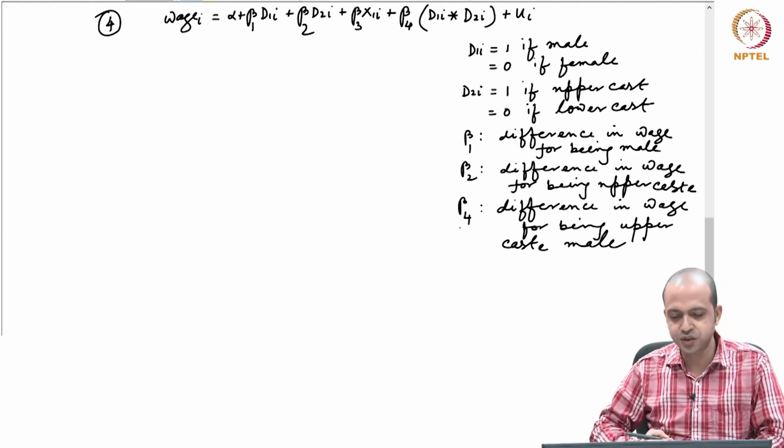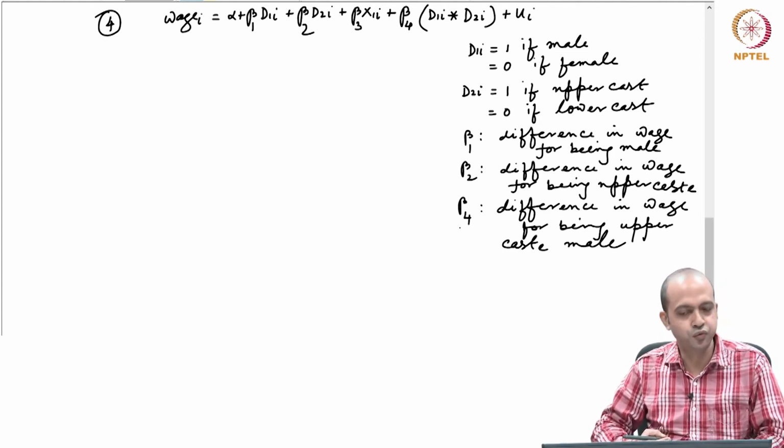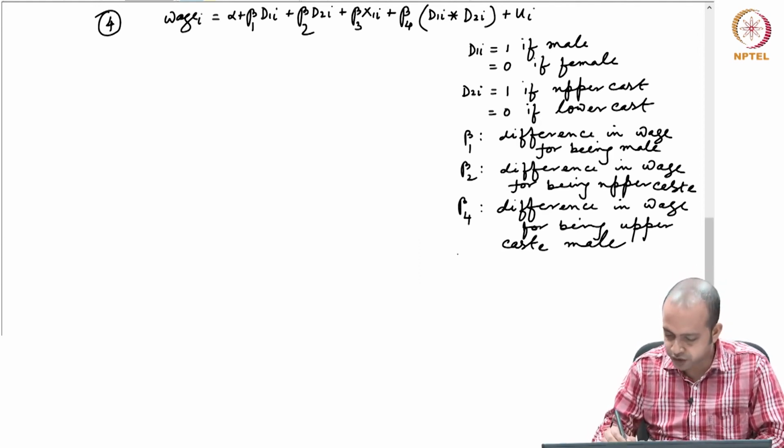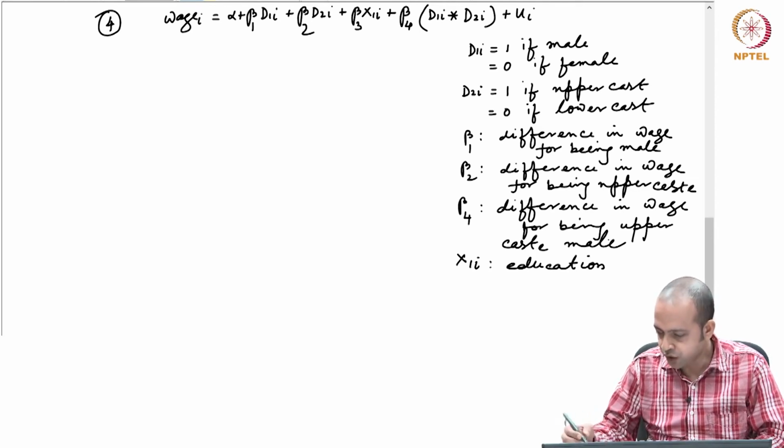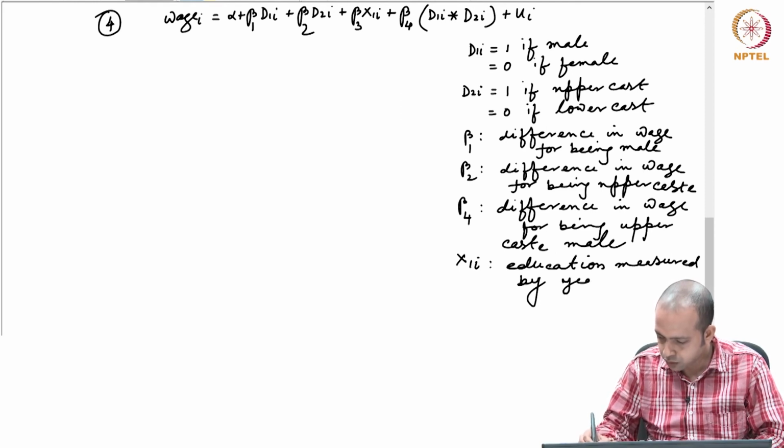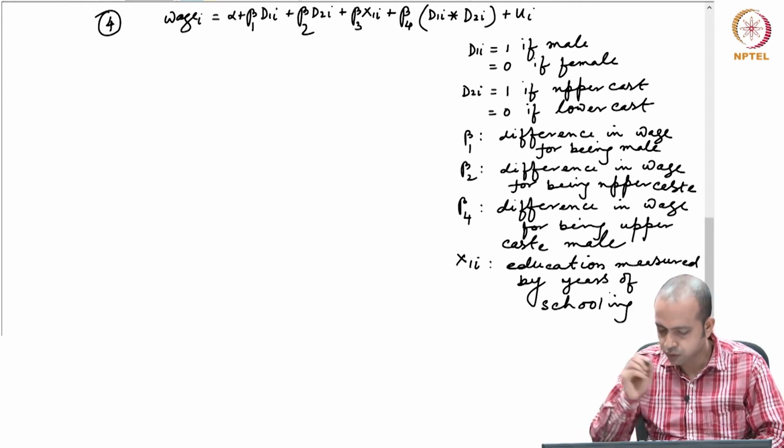And beta 3 is basically the responsiveness of wage with respect to education, because X1i is education, measured by years of schooling.